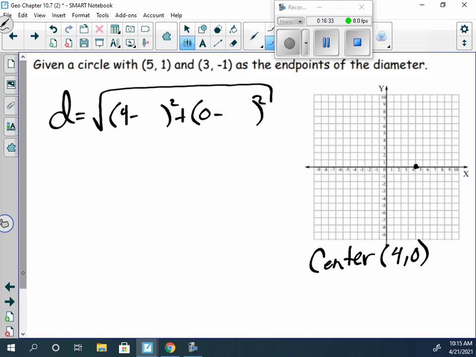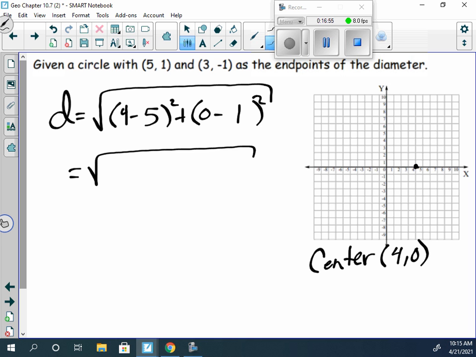Let's do (5, 1). So I can plug that in, and now I'm not getting the diameter's distance, I'm getting the radius. Because the radius is the distance from the center to a point on the circle, and since I have the center, we can actually find the radius.